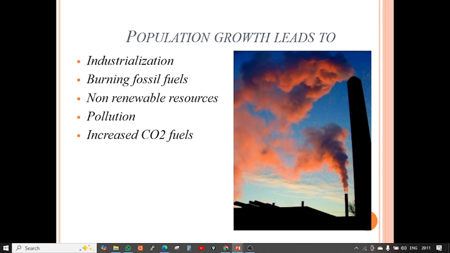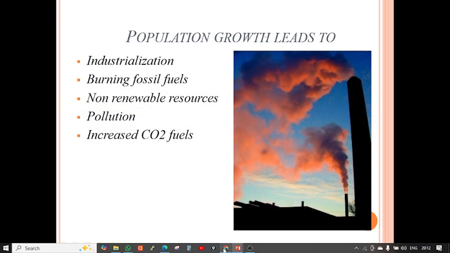Population growth also leads to industrialization, fossil fuel burning, and non-renewable resource utilization, which create lots of pollution. Nowadays a huge amount of carbon dioxide is released due to industrial activities. Not only carbon dioxide, other types of pollutants are released. What are the pollutants? They are sulfur dioxide, nitrogen dioxide, and many other things that are also released into the environment.